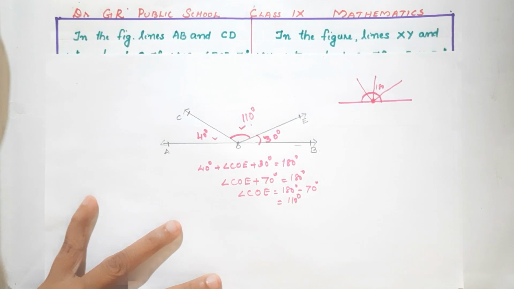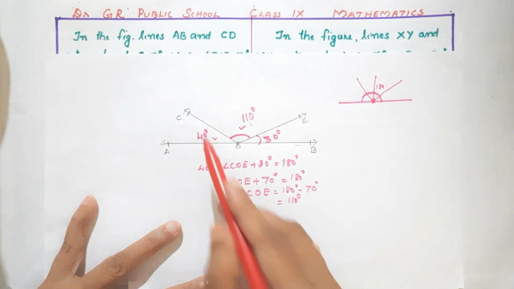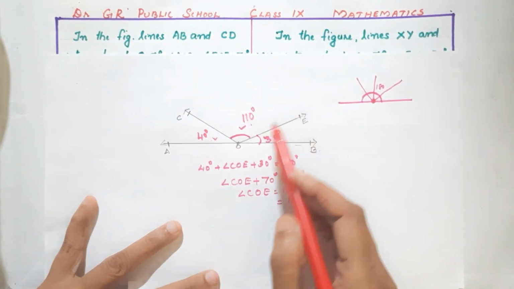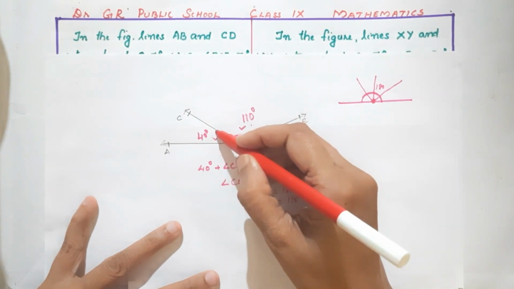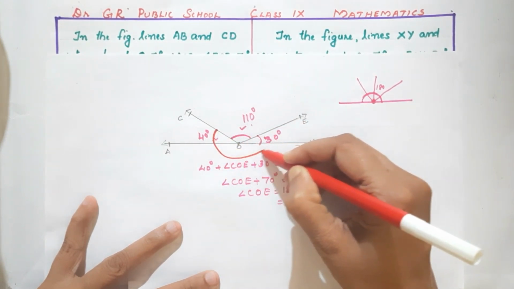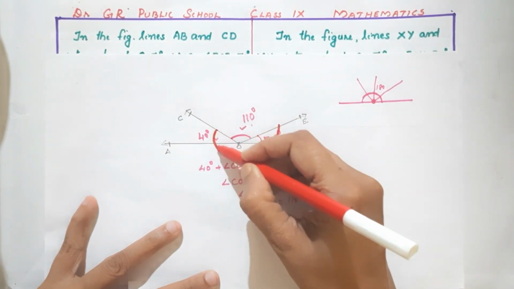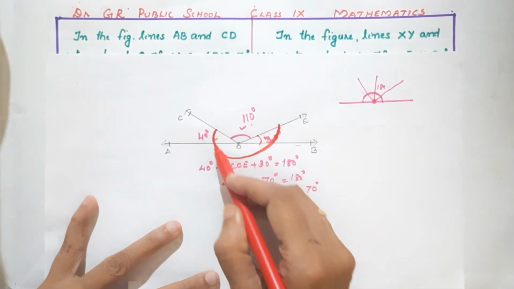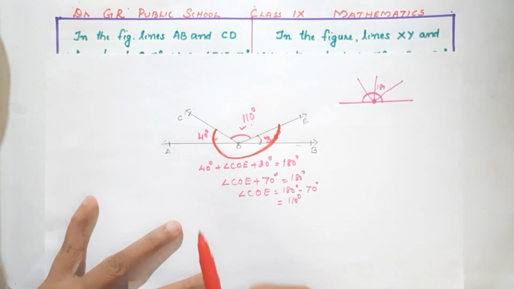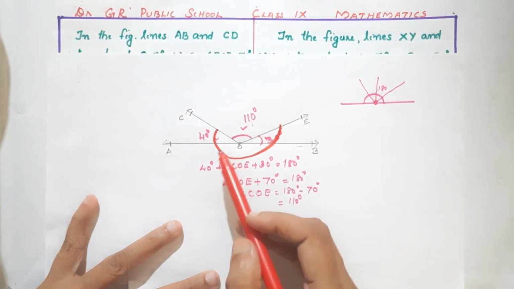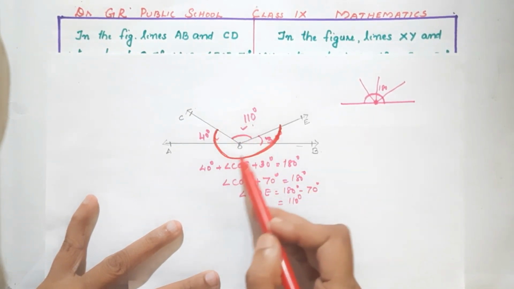Okay. Now, this is angle COE. How will you get reflex angle? Reflex angle means the remaining portion. This much is called reflex angle COE. How will you get that? What is the total angle at a point?